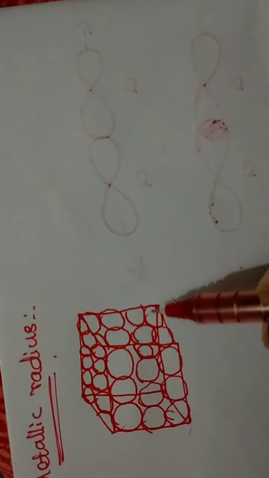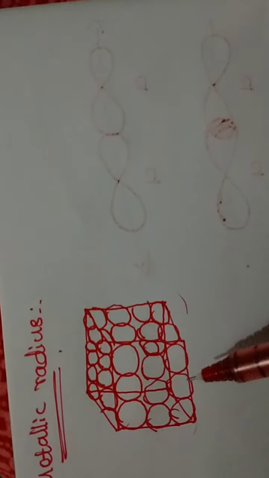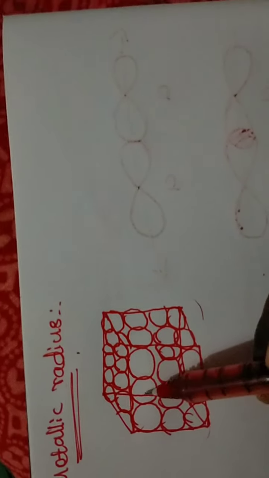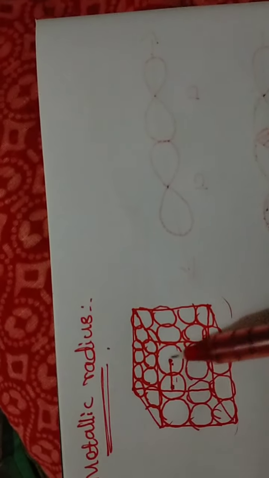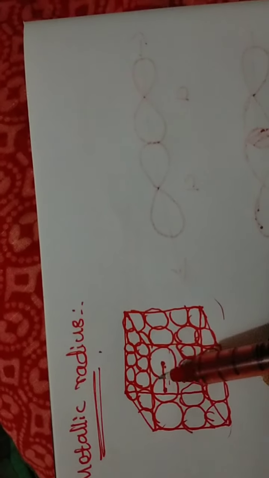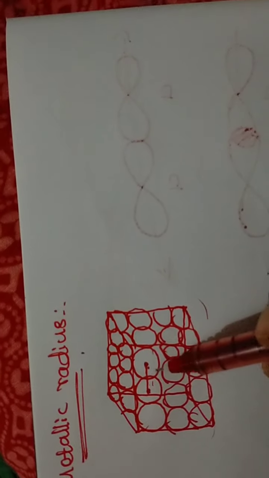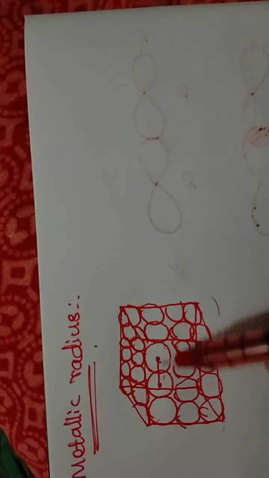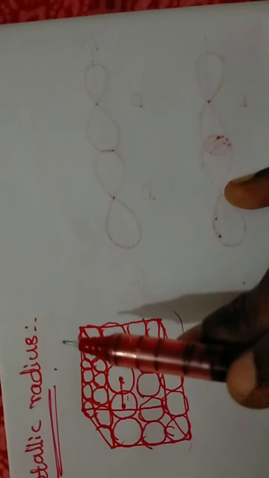So you can take one crystal lattice. In a closely packed metallic crystal lattice, the distance between two adjacent metal atoms. This is one metal atom, this is one metal atom. So 1/2 of the distance between adjacent metal atoms is known as the metallic radius.